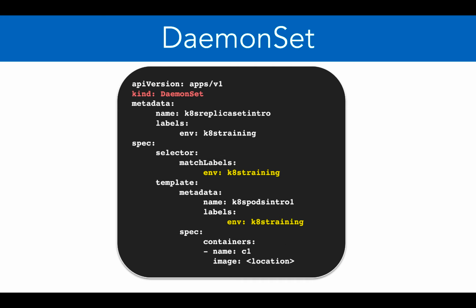The one thing that is missing from deployment is the replicas. So there are no replicas because as it is a daemon set, this particular container C1 would run on all the worker nodes available in the cluster.